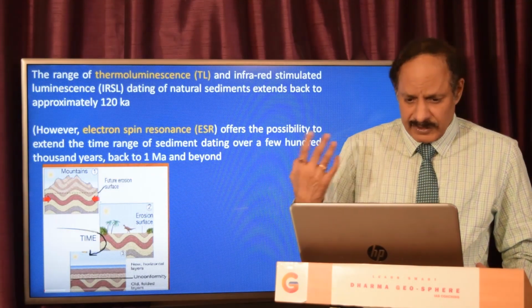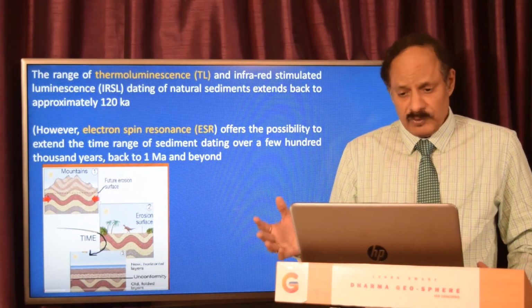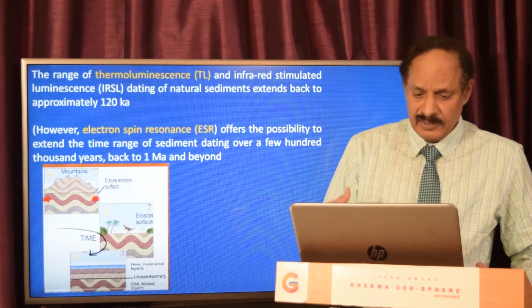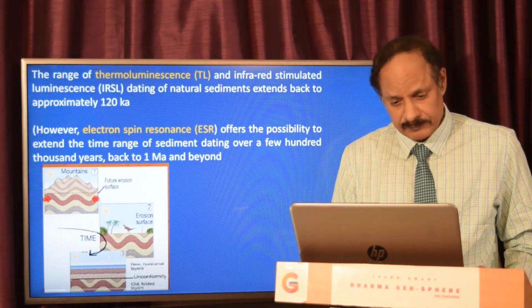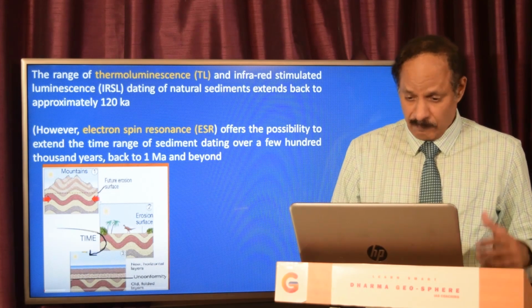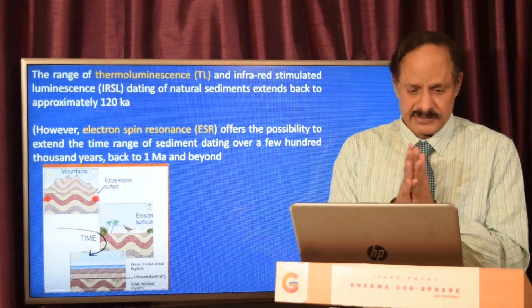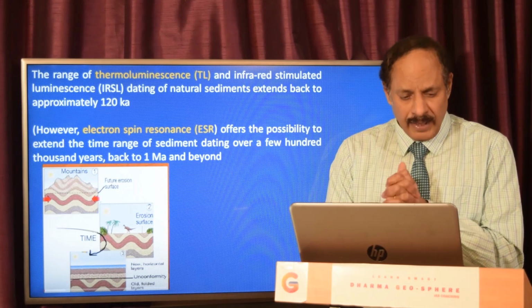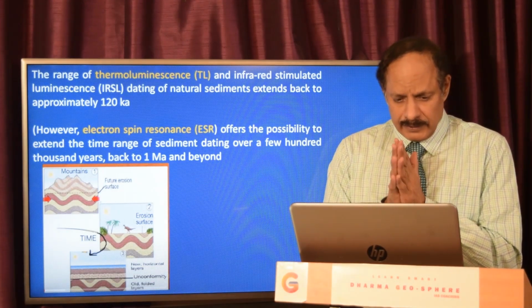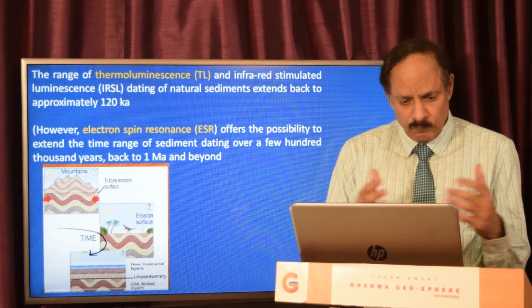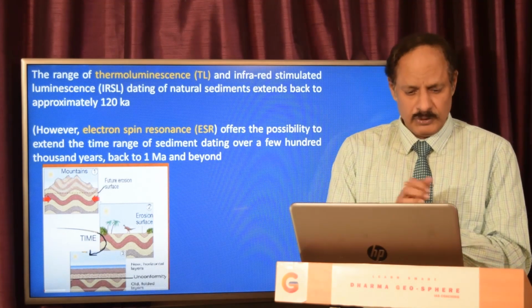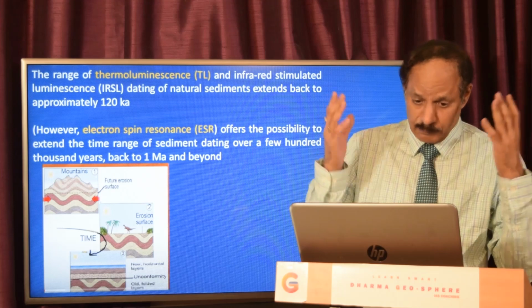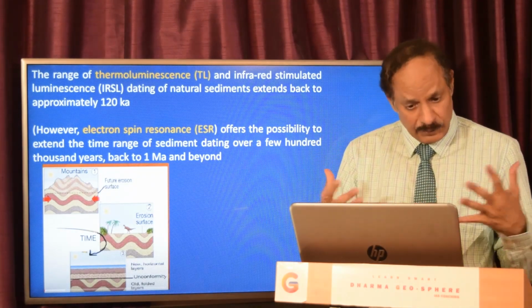Then you also have thermoluminescence and infrared stimulated luminescence, which can date the erosion surfaces from natural sediments, and this extends up to 120 K. And then one of the best and well-proven methods is electron spin resonance. It offers the possibility to extend the time range of sediments even up to 1 million years and beyond.